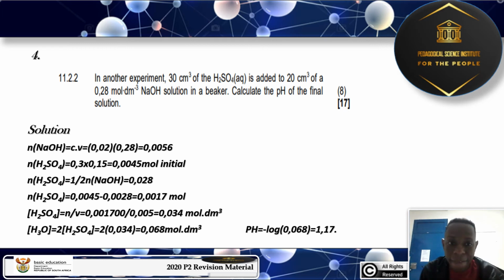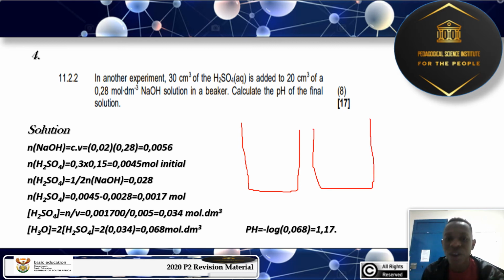They are saying here, now remember, let me draw my picture. I love to draw pictures, guys, because it makes our work simple. Okay, remember now, in another experiment, 30 centimeter cubic of sulfuric acid, 30, which is the volume. I'm going to say acid again, sulfuric, and a base for sodium.